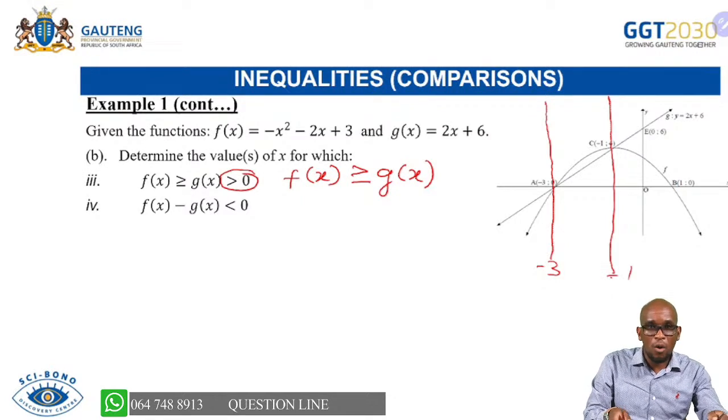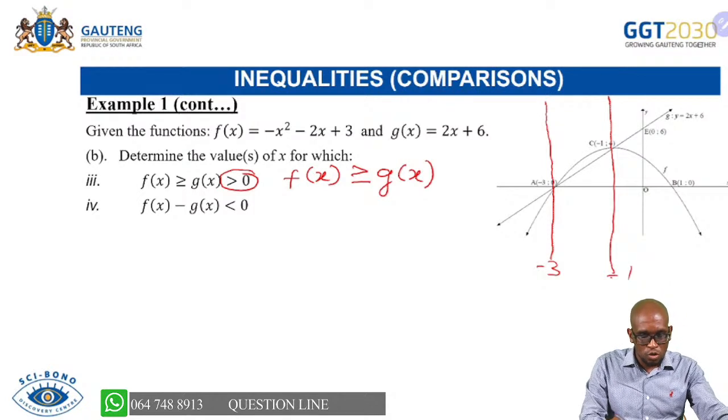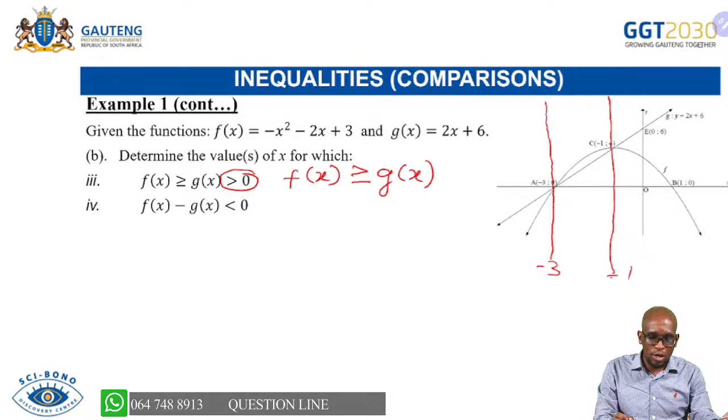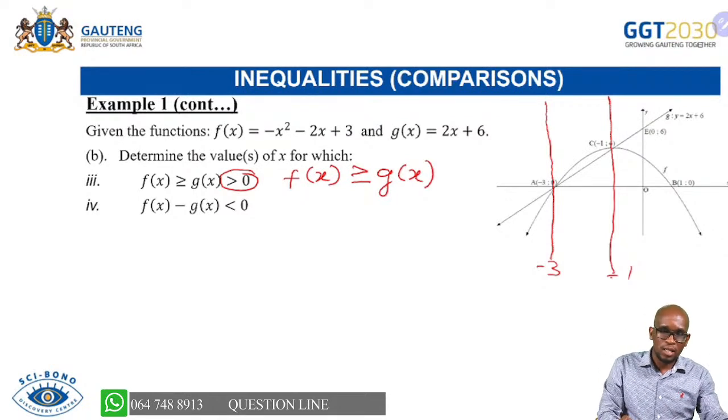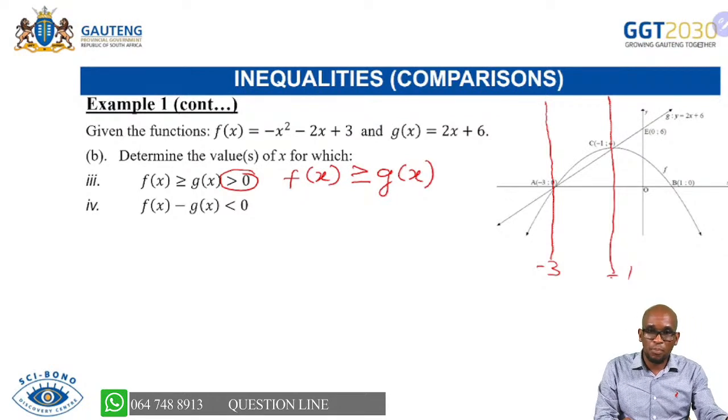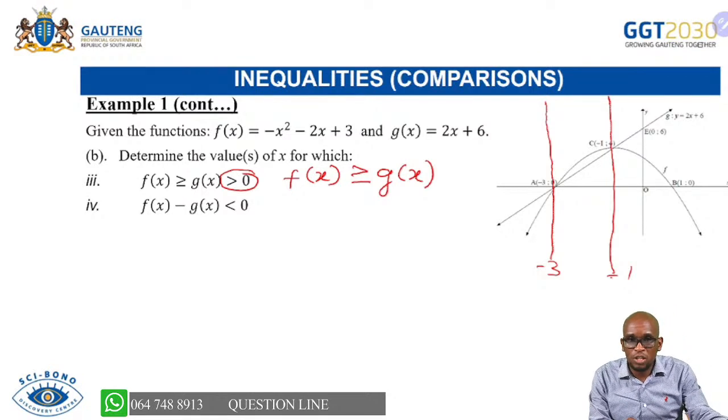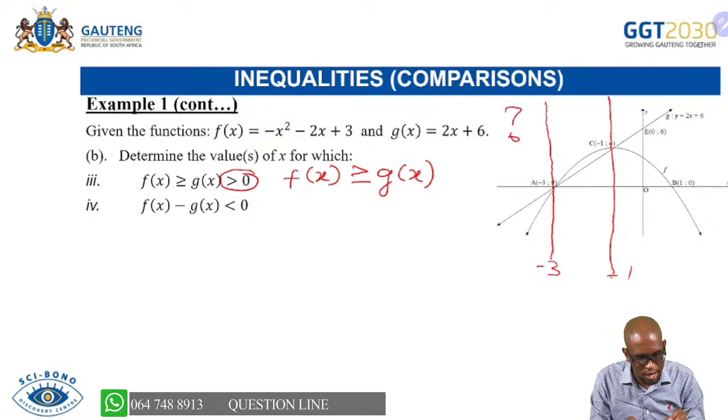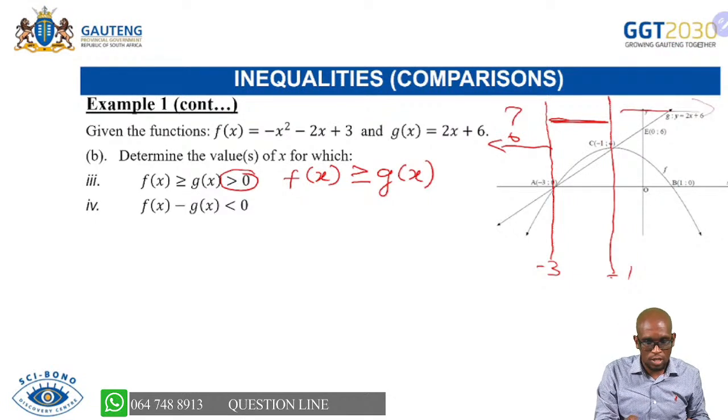Those are our points of reference. So what we're going to do is check how the two functions behave on the left-hand side of the points of intersection, in between the points of intersection, and on the right-hand side. So we're going to check what happens here on the left, what happens in between, and what happens on the right.